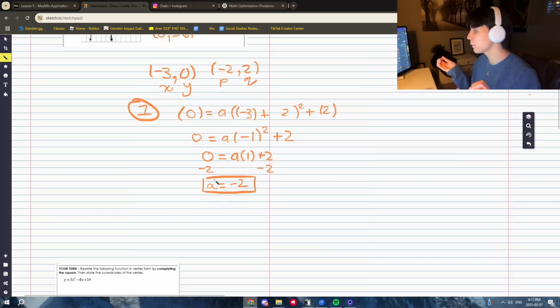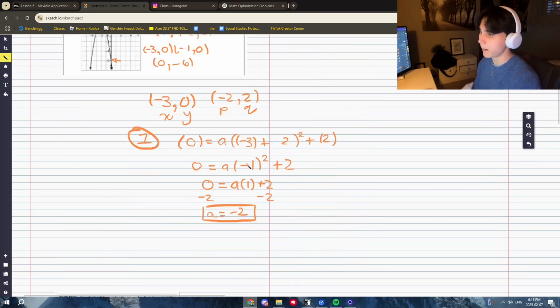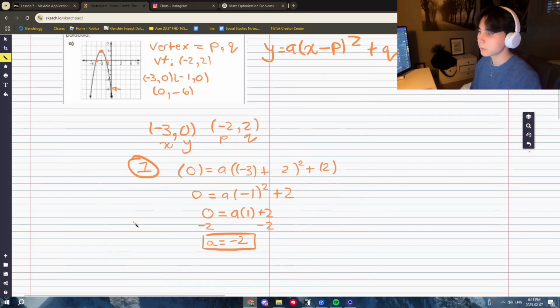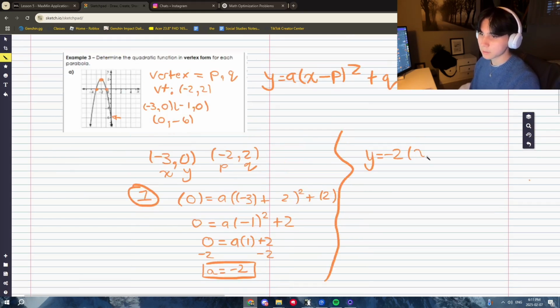However, at this point, we're not completely done. So what we need to do is actually go back and create the equation. So we got what a was equal to. So all we need to do is just fill it in. So we have y equals a, which is what we got as negative 2, and then x minus negative 2.